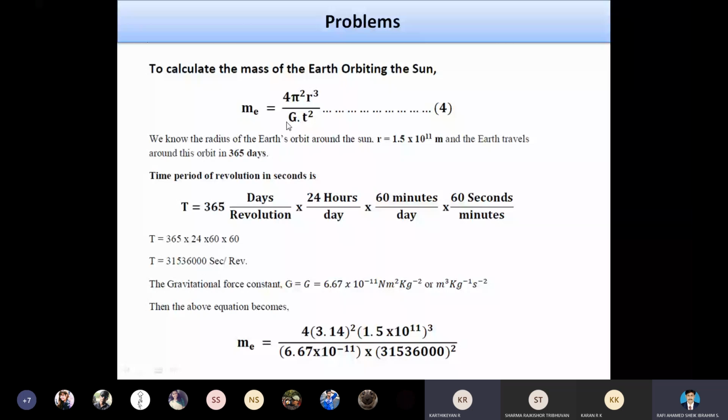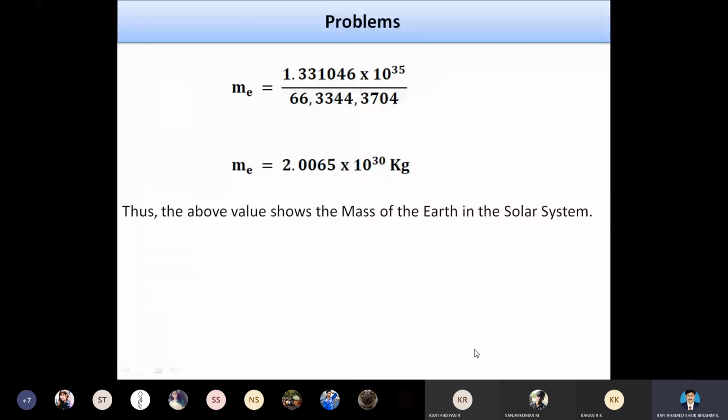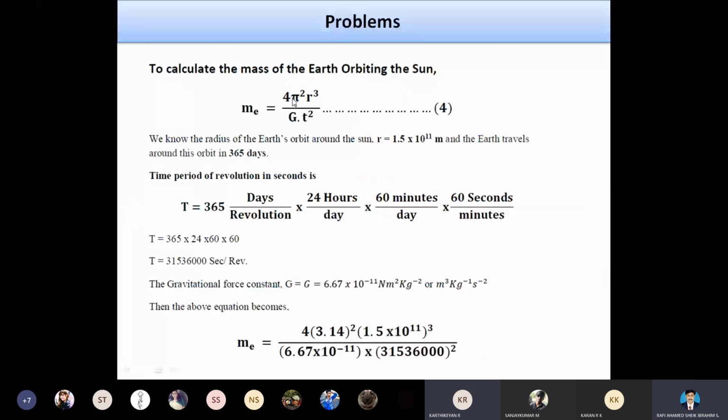I have just shown the problems related to this formula. The same formula you have to apply, and the same steps also you can follow.